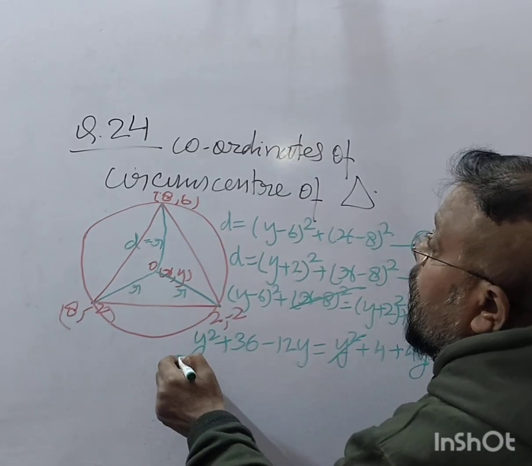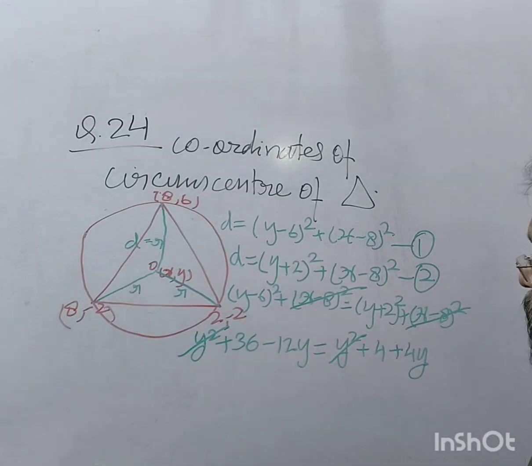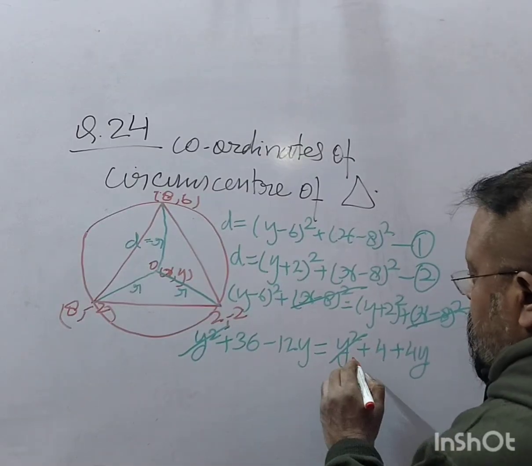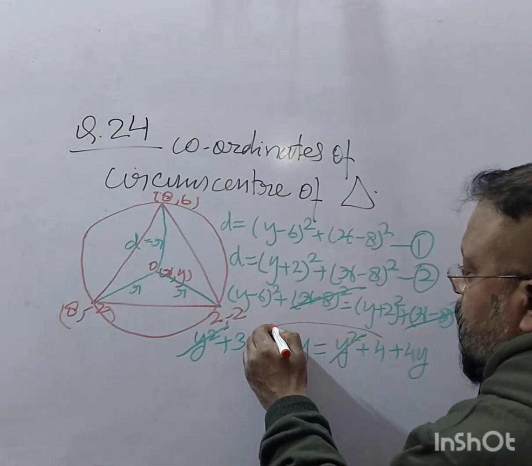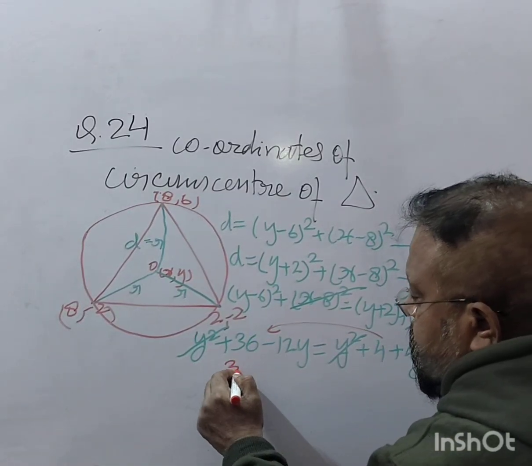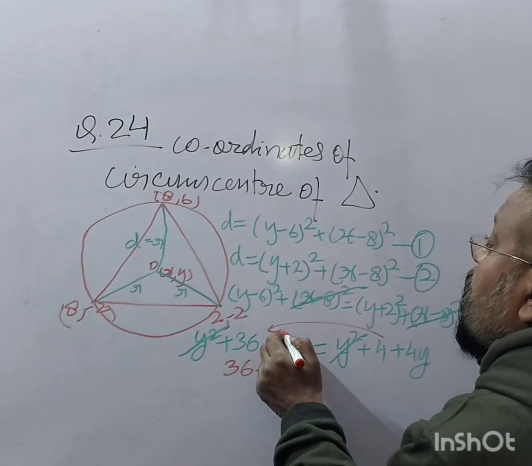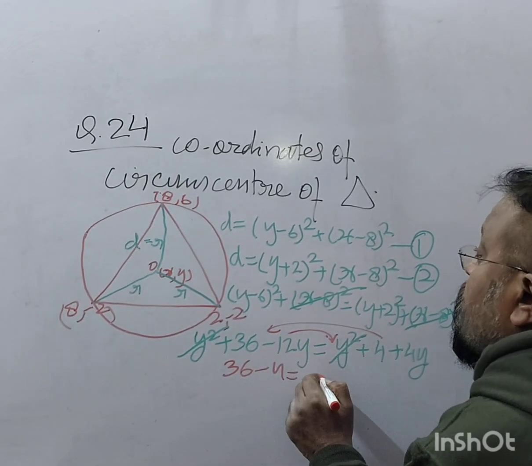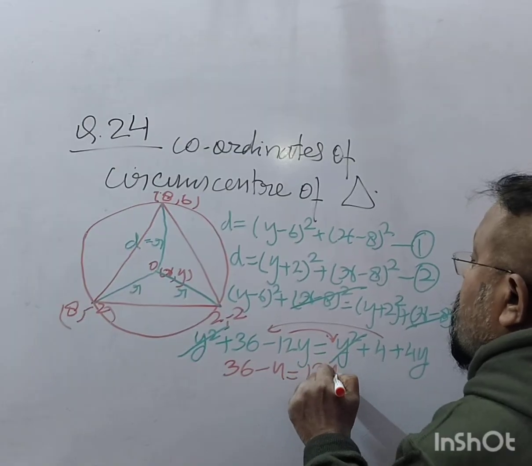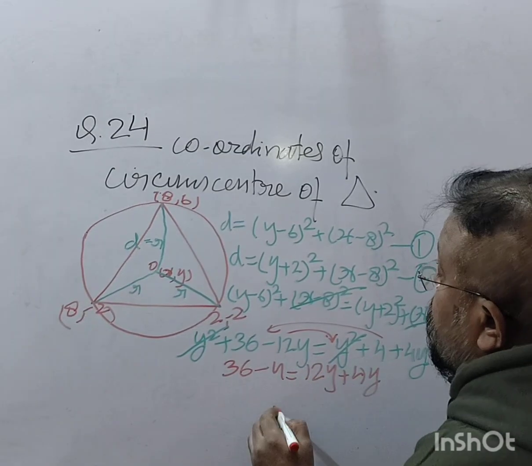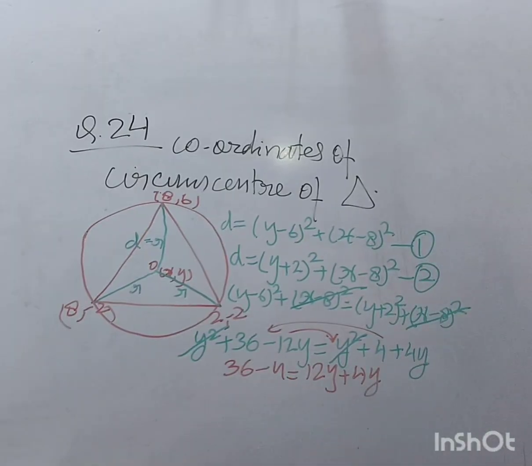This y square is gone, and you get how much? You bring this here, bring it here. So when it goes on this side, it becomes 36 minus 4 is equal to 12y plus 4y. So it is what? 16.